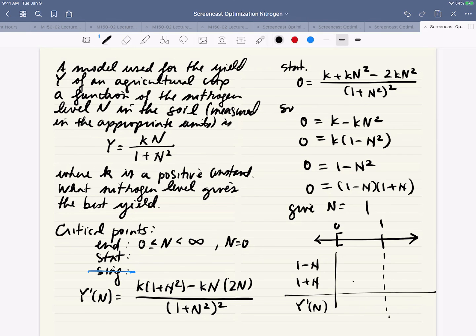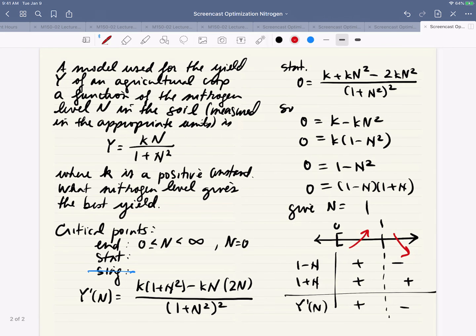Well, looking at the second factor, you can see that's always positive, because n on our interval is always positive, so 1 plus a positive number is always a positive number. It's the other factor that changes sign. It starts positive, and then it becomes negative. So our derivative, y prime, starts positive and ends negative. And by the first derivative test, n equals 1 is a local maxima.